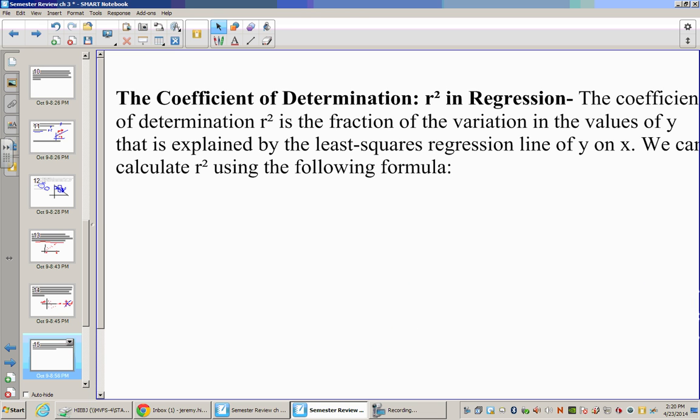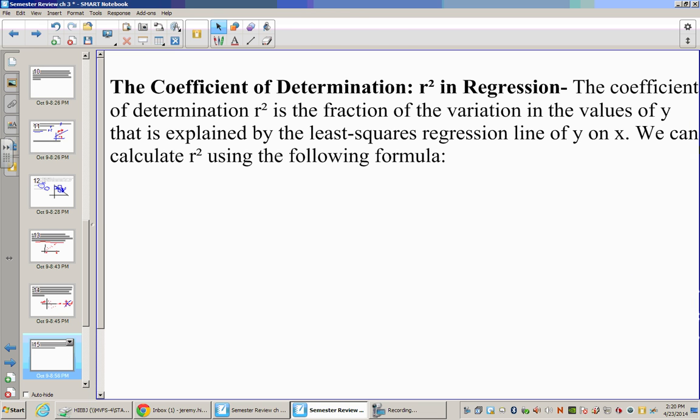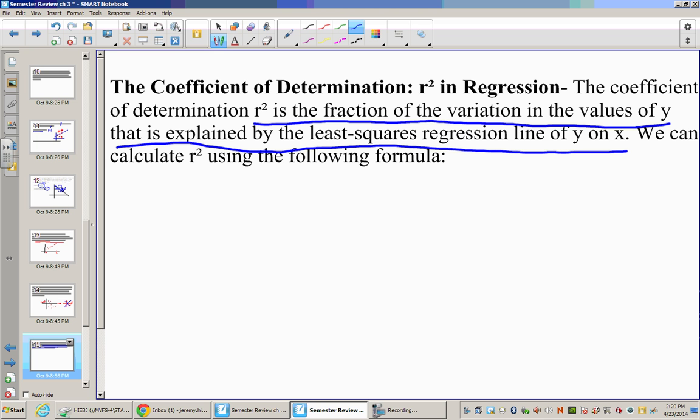The coefficient of determination, or R squared. There's an important phrasing here. R squared is the fraction of the variation in the values of y that can be explained by the least squares regression of y on x. And I used to show the equation: you just take your r value that we had earlier and square it. That's typically how you would find it.